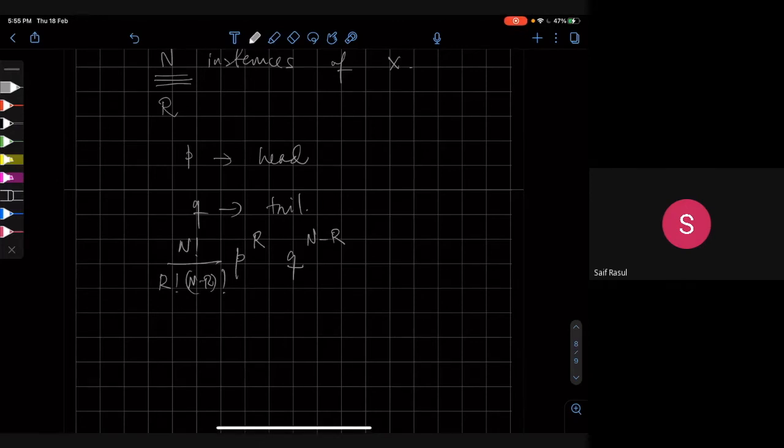So this is going to be the probability that out of n trials we have r heads.